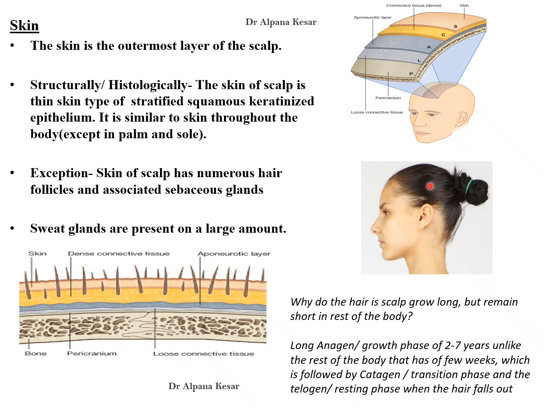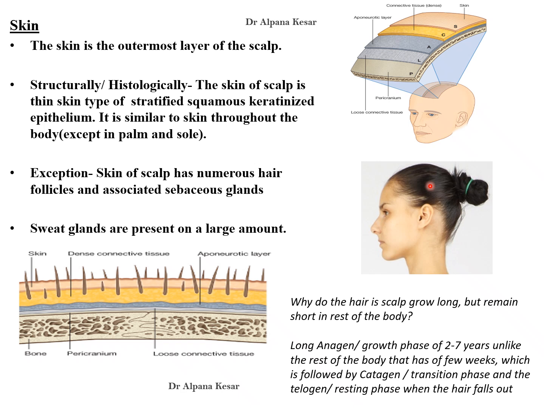Some differences between the skin of the scalp and the rest of the body are: the skin of the scalp has numerous hair follicles and associated sebaceous glands. Sweat glands in the skin of the scalp are more numerous.